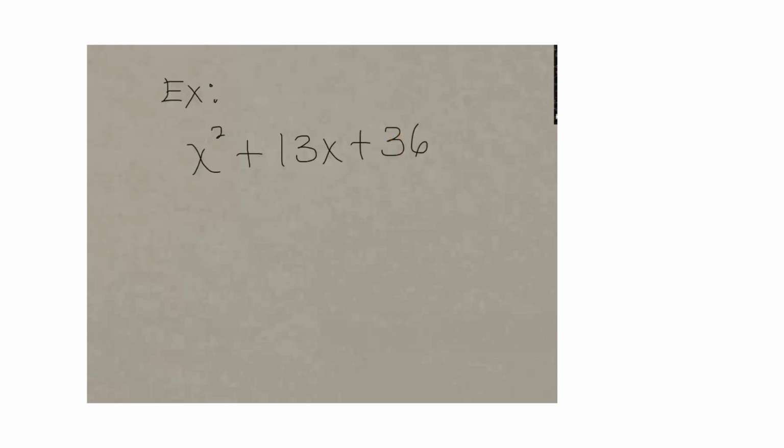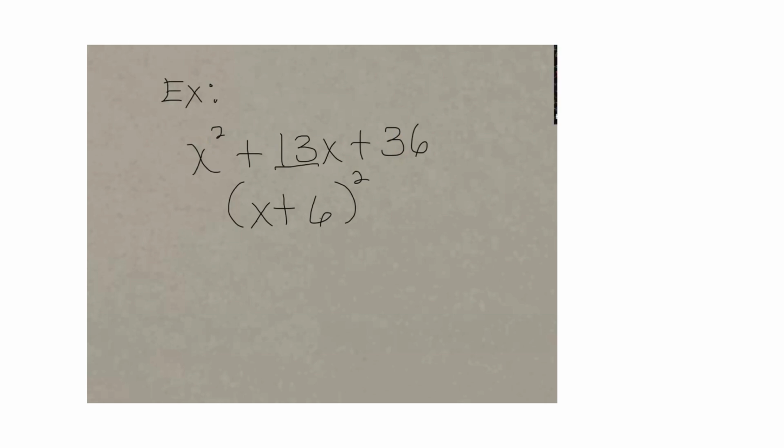So maybe that's a perfect square trinomial. If it's a perfect square trinomial, it would factor to be a binomial squared. So let's see, the square root of 36 is 6. So let's see if that's true. That means that 2 times 6 times x would be my middle term. Well, it's not.